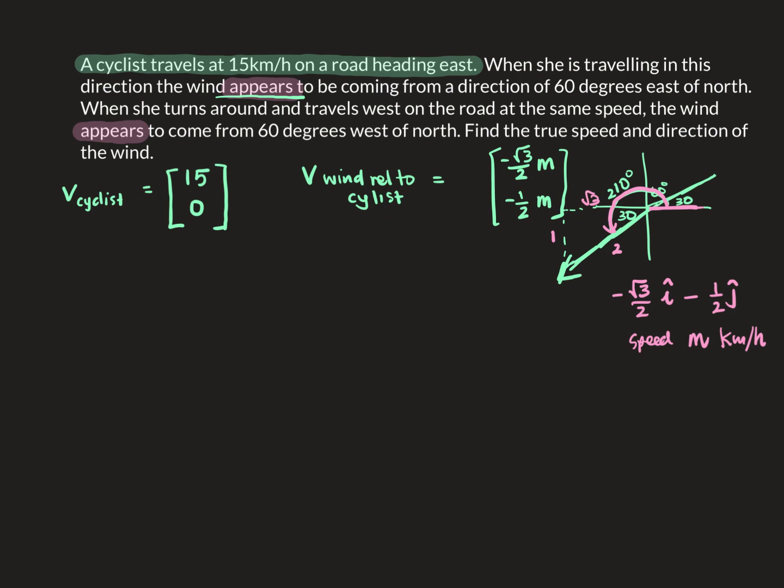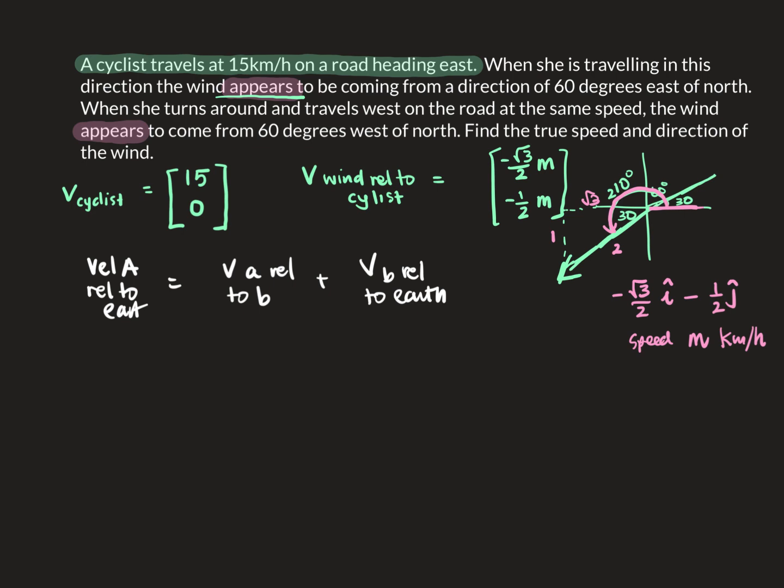And I could write a little formula there. Well, I know that the velocity of A relative to Earth equals velocity of A relative to B plus the velocity of B relative to Earth.